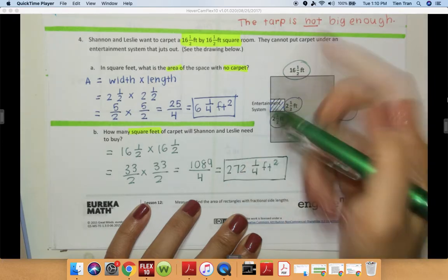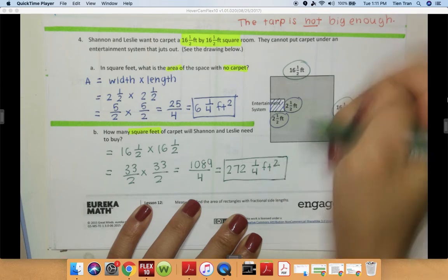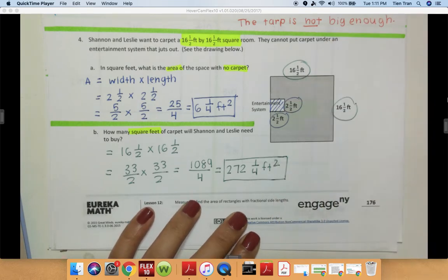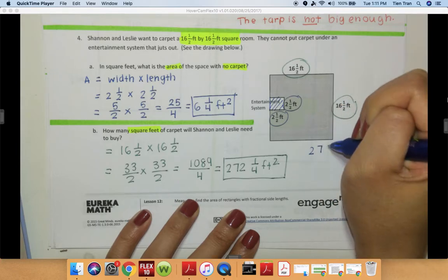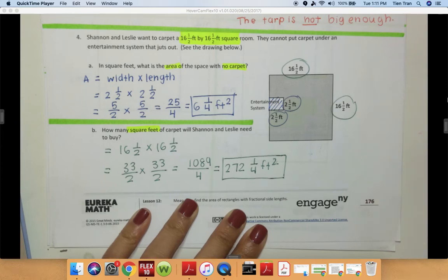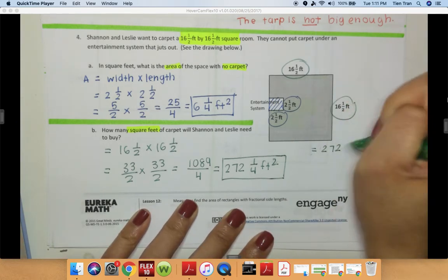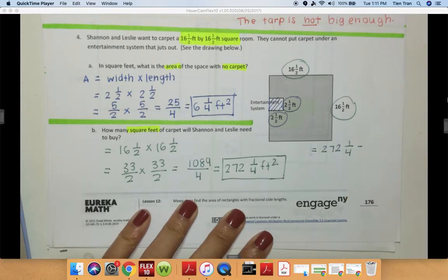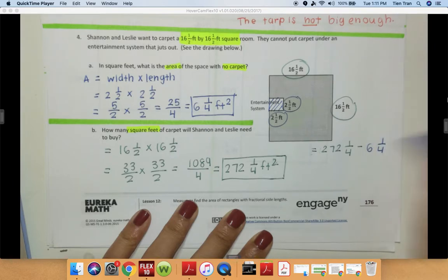That is not my final answer because I need to subtract the little piece of carpet that is not there, right? So I'm going to do that. 272. I'm going to keep it the same color so you guys can kind of see that better. 272 and 1/4 minus 6 and 1/4.